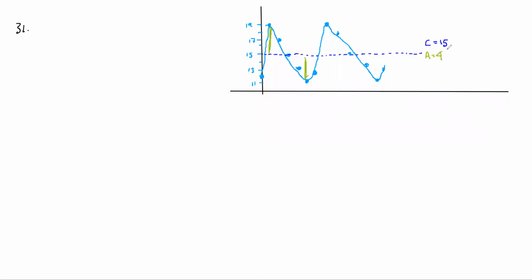And then what is my period? 12? Yeah, if I had something that looked more classical, it would look like this. And so we go from 14 to 14, and then we repeat, and that is at 12.